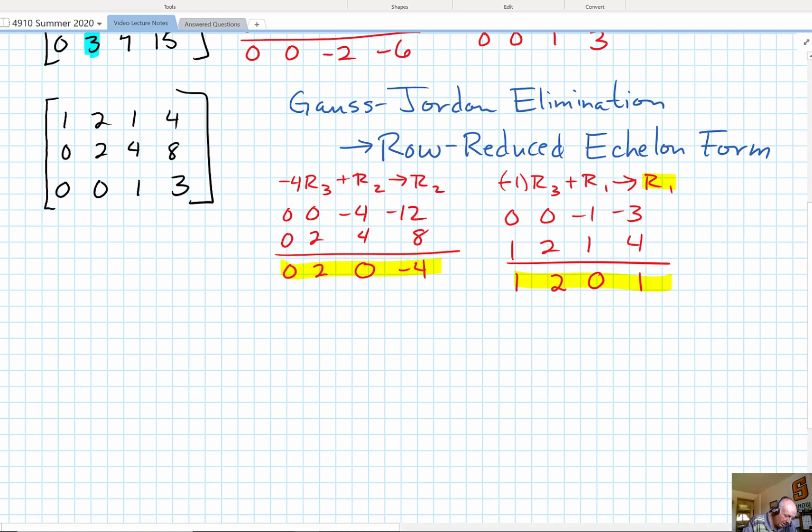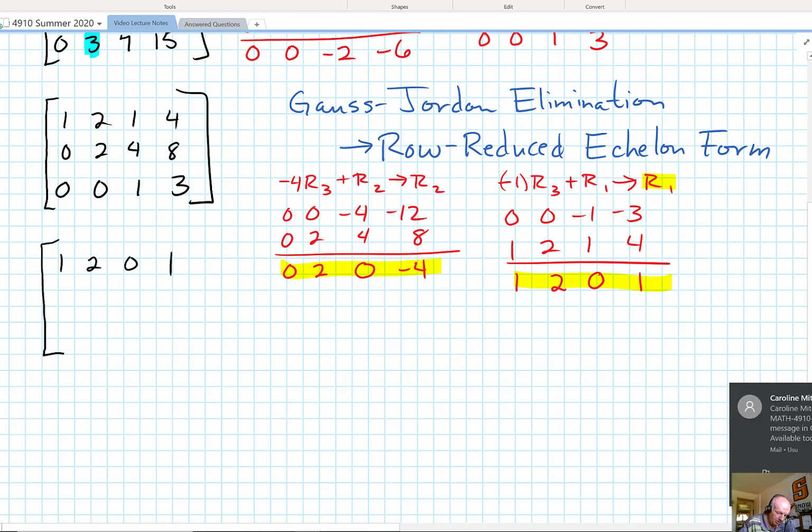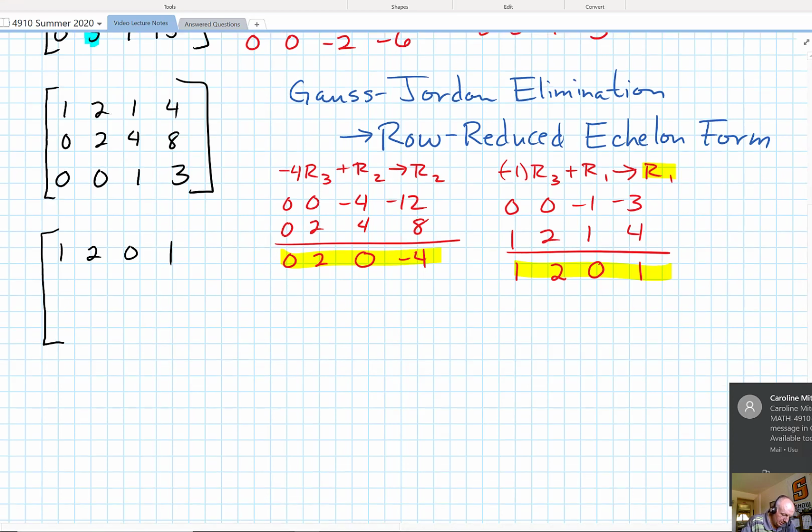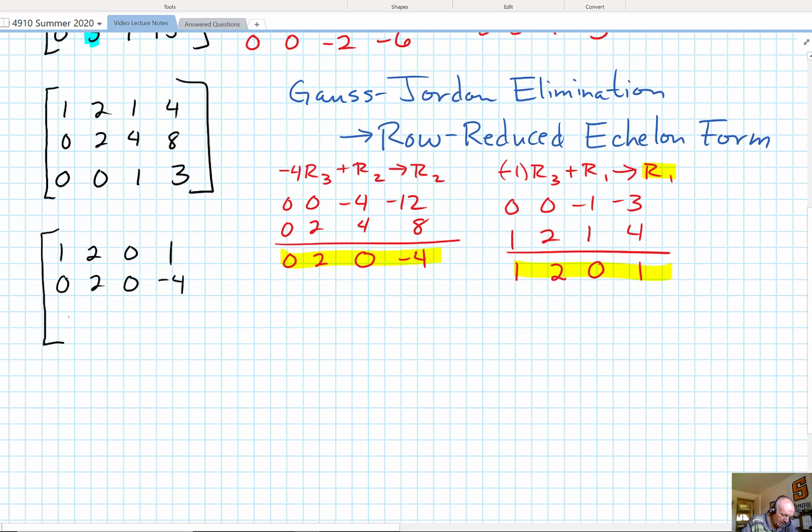So let's write down our new matrix. We got a new row 1, which is 1, 2, 0, 1. A new row 2, which is 0, 2, 0, -4, and then the row 3 is set. Okay.